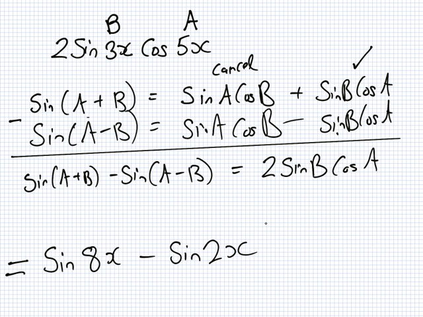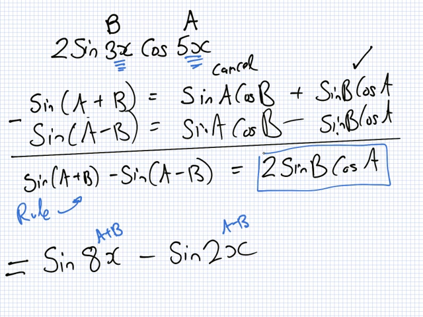So how do we calculate that? This one here, Jerry, is A plus B. And this one here is A minus B. From this rule, we can see that this is what we have in the question.